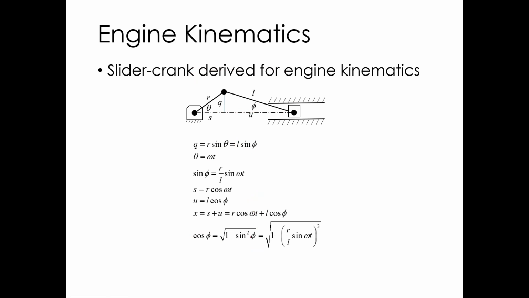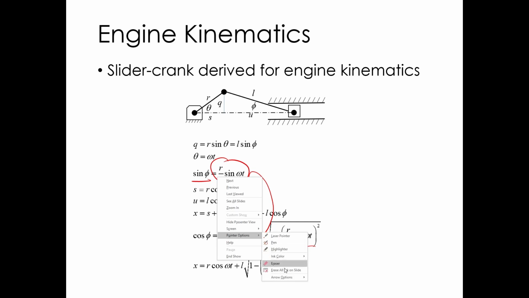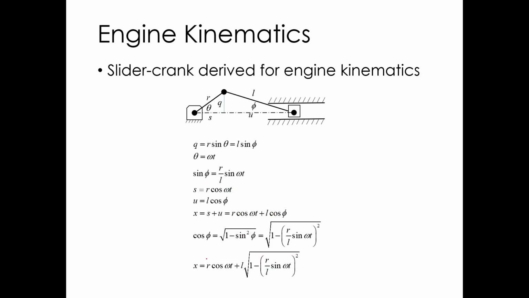Sine phi we've already got an equation for, so I can take that and square it and put it in there. And then I can get this equation for x. This is in terms of r, L, omega, and t. It's great stuff, I know, right?